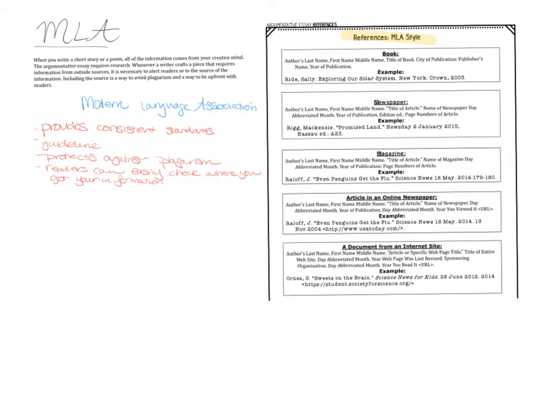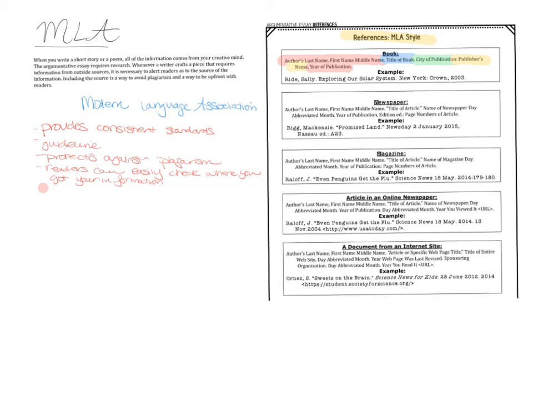So if we look at a book, we're going to put the author's last name, then their first name, and then their middle name. Then you're going to put the title of the book. Then you're going to put the city of publication, then the publisher's name, and then go back and then put the year of publication. So you can see below, this is how they have it right here.